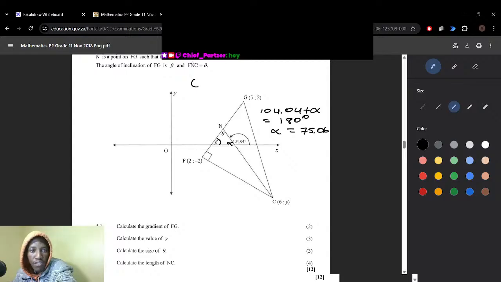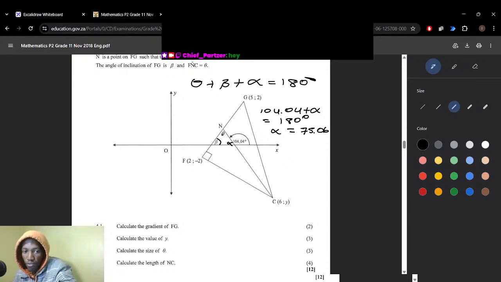Then there's also this: theta plus beta plus alpha is equal to what? 180 degrees. Do you know why? Because the sum of the interior angles of a triangle is 180 degrees.